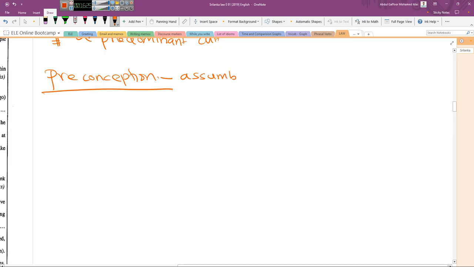So we just assume something. So what is assumption? Assumption or preconception is something that must happen. An idea or opinion that is formed before you have enough information or experience, right? So I'm writing the description of this word given in the dictionary.